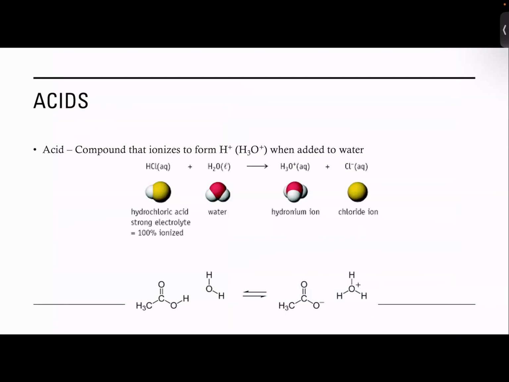Acids can be either strong electrolytes or weak electrolytes. Acids, no matter whether it is a strong acid or a weak acid, are going to have the state of matter of aqueous.